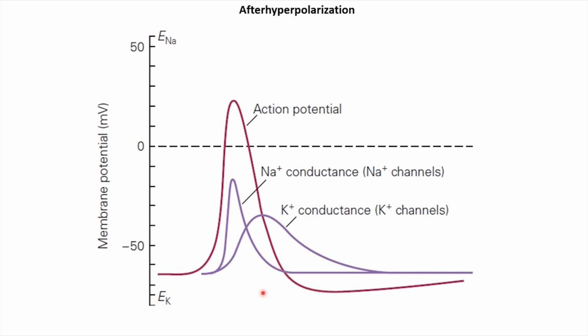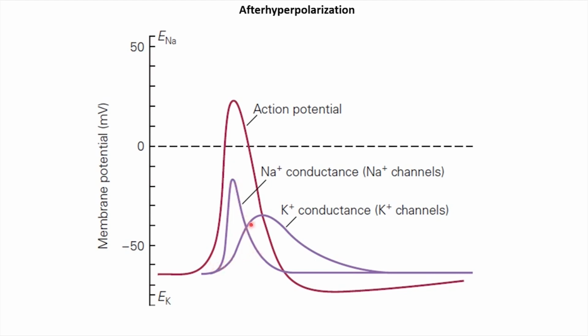If we recall, the membrane potential is basically determined by the balance between different ions. The sodium ions try to take the membrane potential towards their equilibrium potential, and potassium ions try to take the membrane potential towards their equilibrium potential. And the resting membrane potential is dependent on how much sodium conductance and potassium conductance there is in the neuron. During an action potential, the sodium conductance had increased, but then it also inactivated.